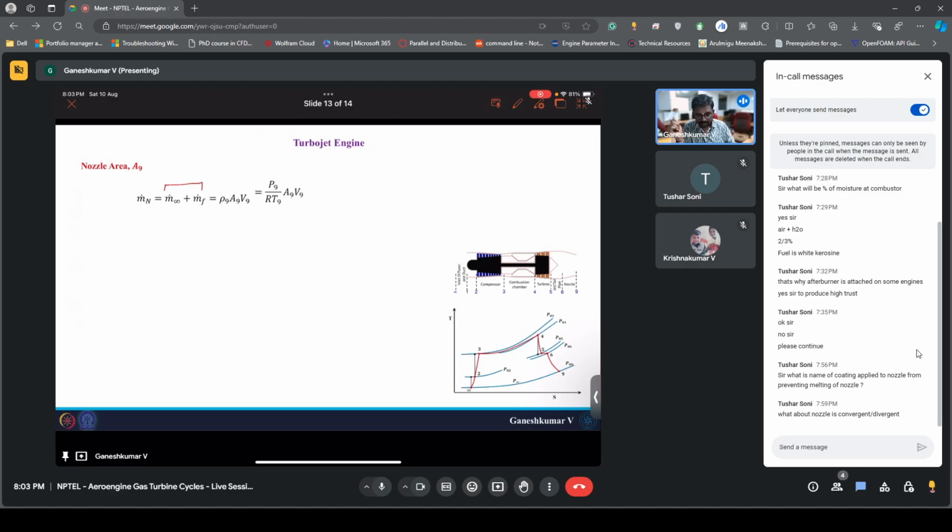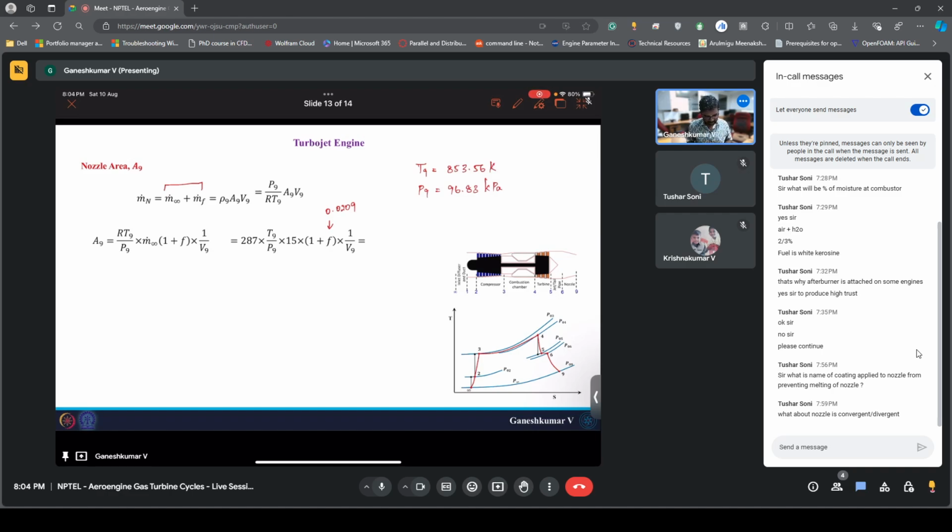Then you can write the density as P9 by R T9 from the ideal gas law, substitute it and rearrange. It's the same thing, just that m_f I wrote in terms of f times m infinity. Then if you substitute, f is 0.0209, and P9 and T9 we just found to be 96.83 kilopascal and 853.56 Kelvin.